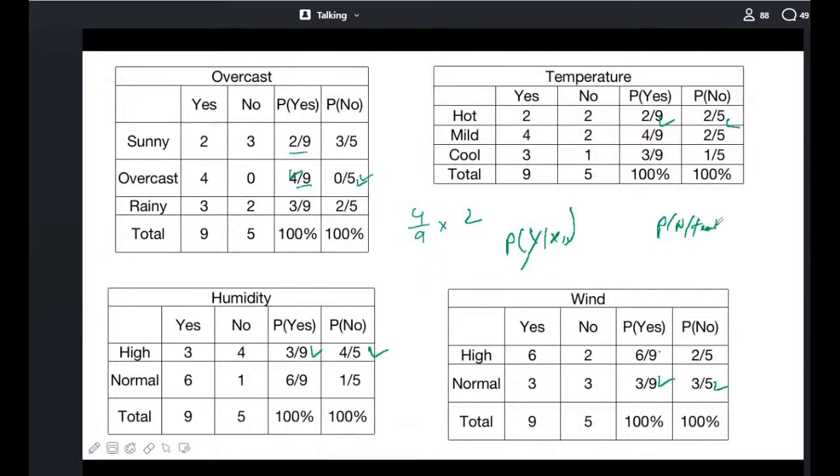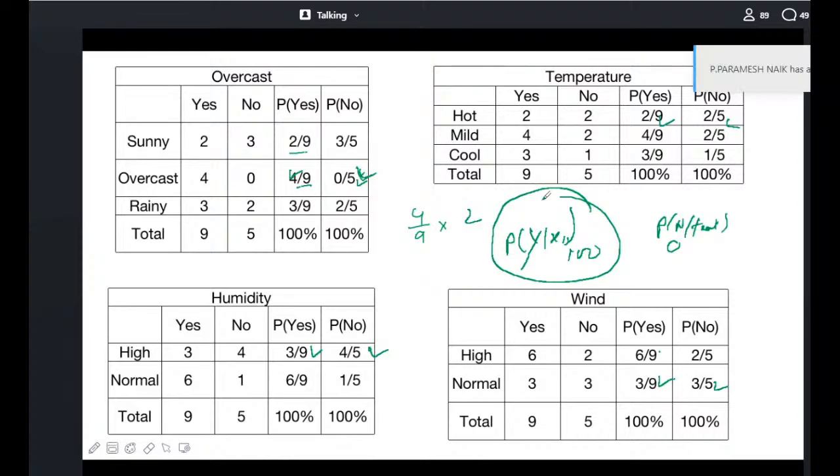Obviously this will be 0 because it is 0 by 5, and yes will be 100%. That means yes, the game will be played. So this is another way through which you can achieve this result. This naive Bayes, the Bayesian theorem, has shown significant results in terms of medical data.